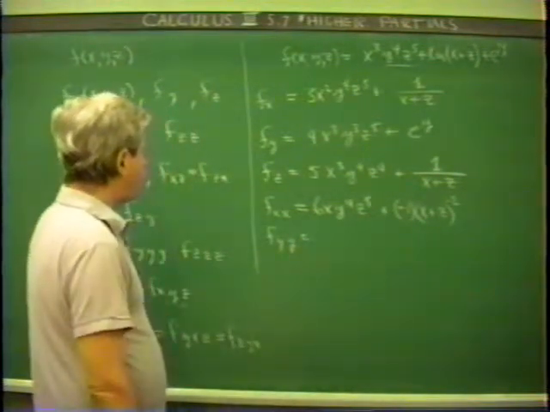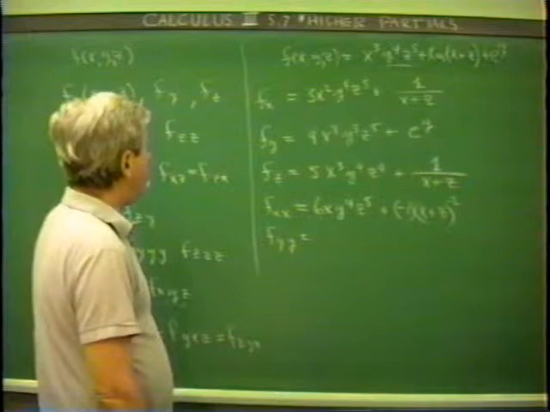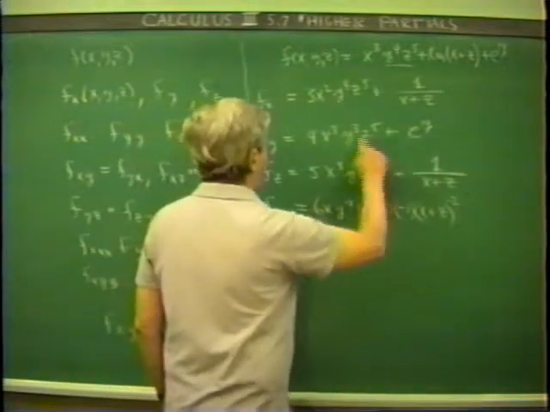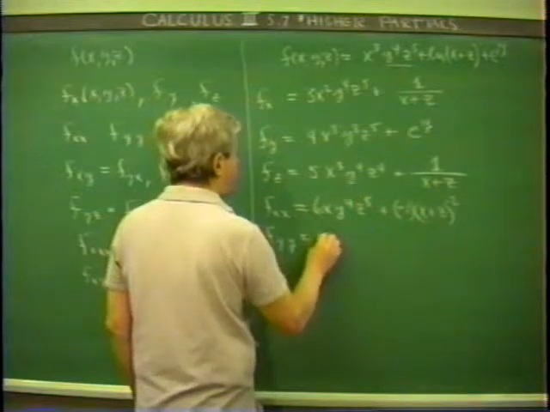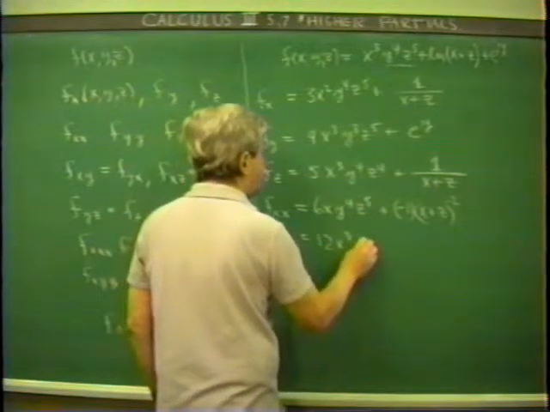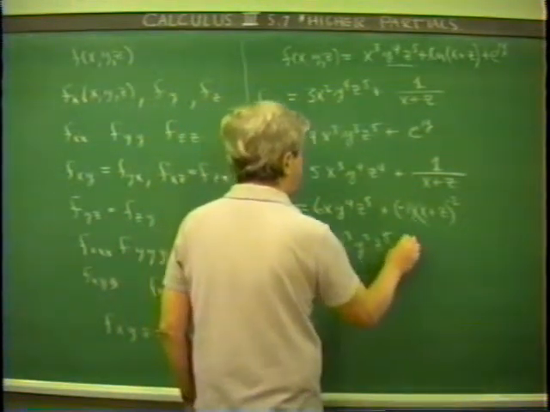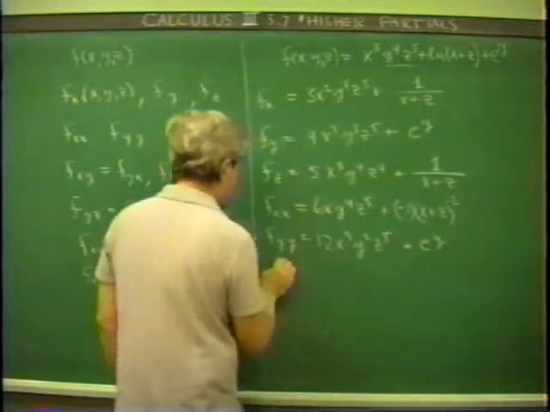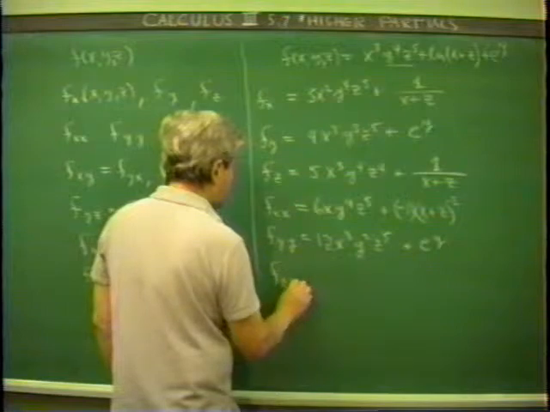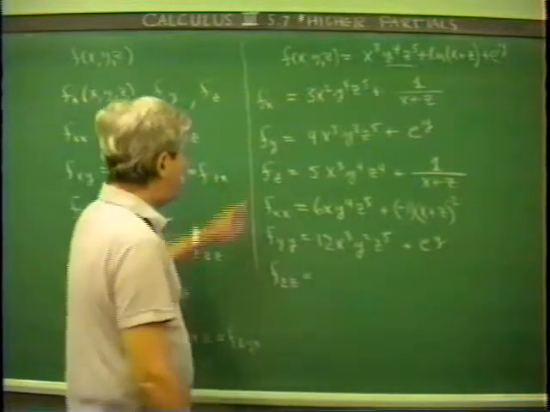Partial with respect to y, and then with respect to y: we're going to get 3y squared here, so altogether 12x cubed y squared z to the fifth, plus the partial with respect to y of e to the y, which is e to the y.